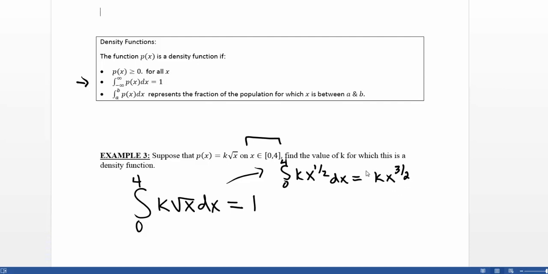But if we divide by 3/2, it's the same as multiplying by 2/3. And we're interested in this function from 0 to 4. So when we plug in a 4 to the 3/2, that means we're going to take the square root and then cube that number. The square root of 4 is 2, and 2 cubed is 8.